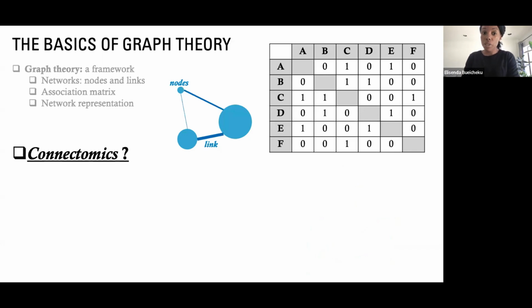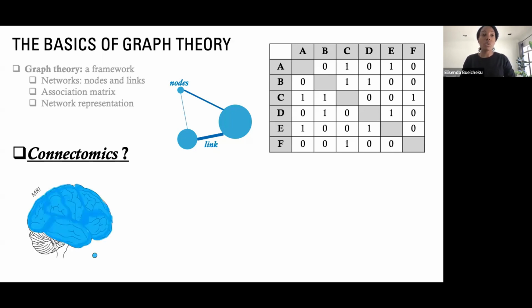And what is connectomics? I think about connectomics as a group of computational solutions based in graph theory to resolve specific questions. One common particularity of the brain is that regions that are anatomically separated show similar structural, functional, or molecular properties. And connectomics helps us understand these properties by investigating the relationships.